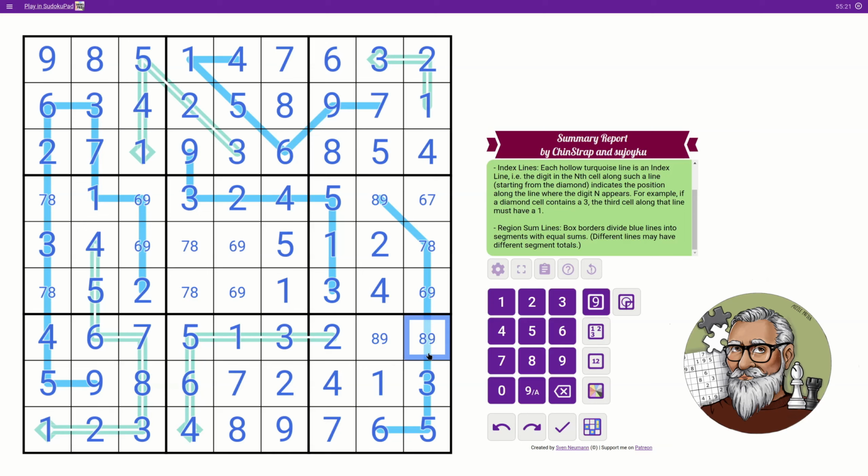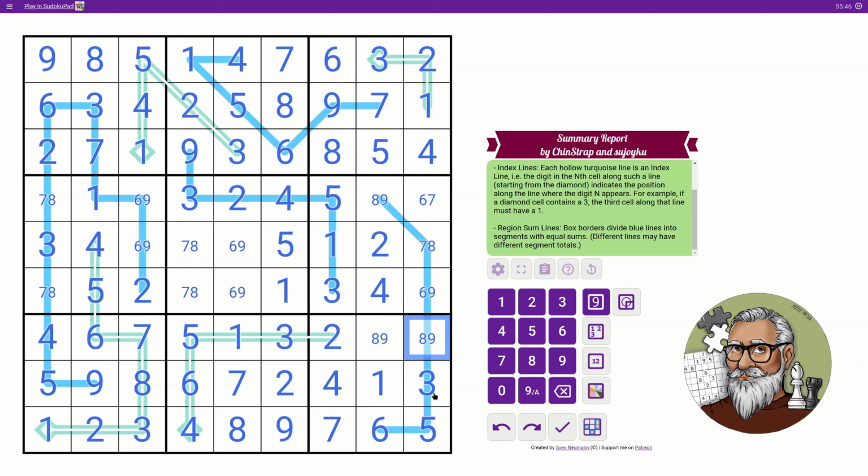Let's say that this is 9. We said that this is 9 as well. This becomes 9, and so does this one. Okay, which makes sense. This would be an 8. This would be an 8. This would be an 8.